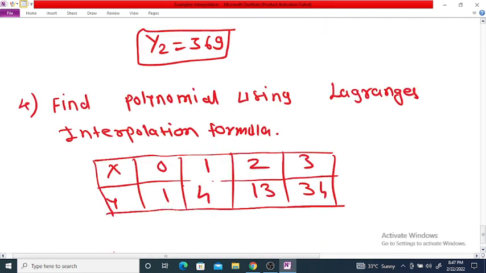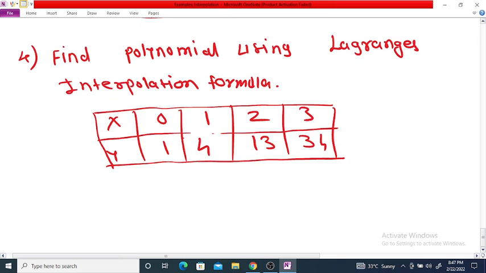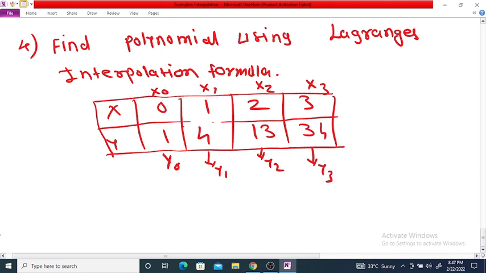So here these are the values of x0, x1, x2, x3 and y0, y1, y2, y3.